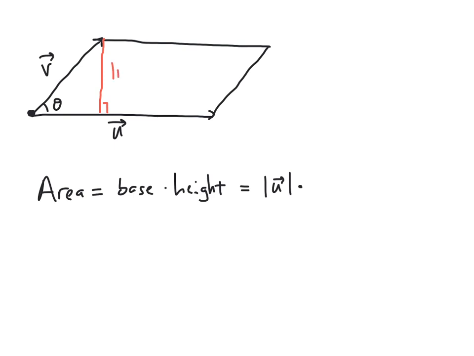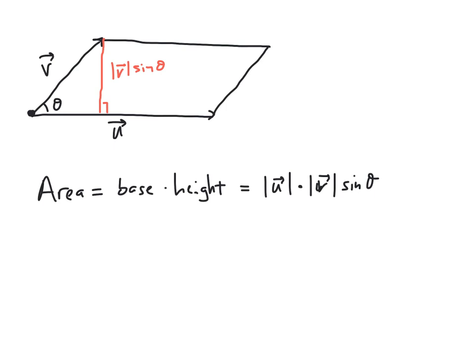It's going to be the magnitude of v multiplied by sine theta. This is just right triangle trigonometry. So our base is the magnitude of u, and the height of our parallelogram is the magnitude of v times the sine of the angle in between.